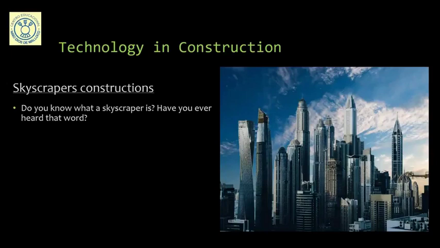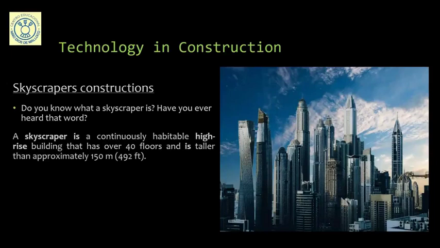In this picture, we can see different types of skyscrapers. Now you know? Well, a skyscraper is a continuously habitable high-rise building that has over 40 floors and is taller than approximately 150 meters.